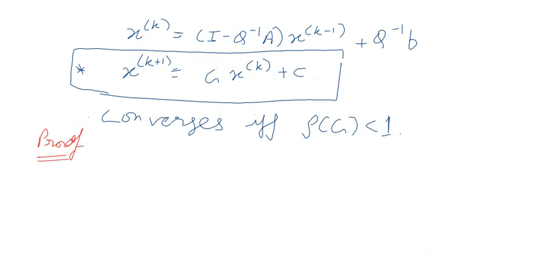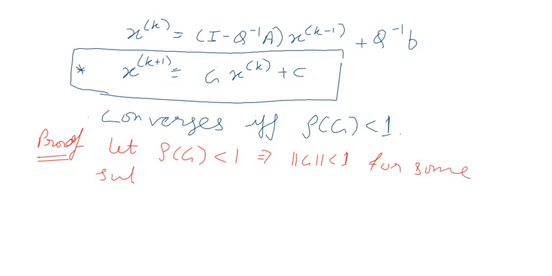Let the spectral radius of G be less than 1. This implies the norm of G is less than 1 for some subordinate matrix norm.